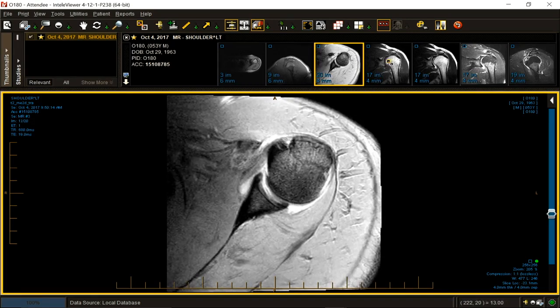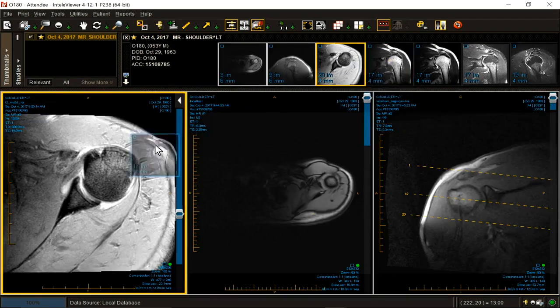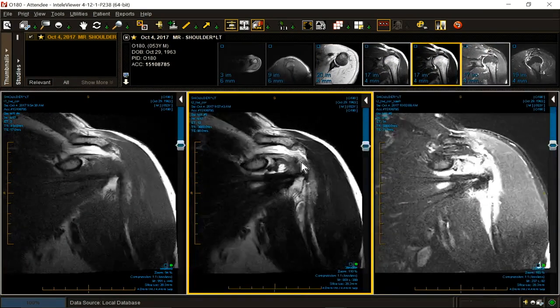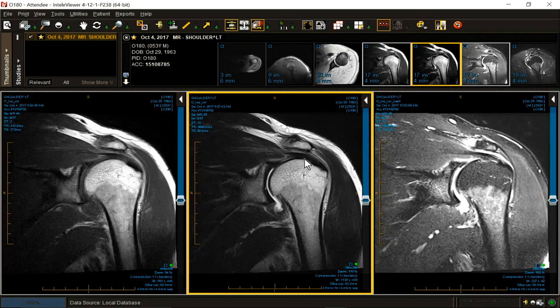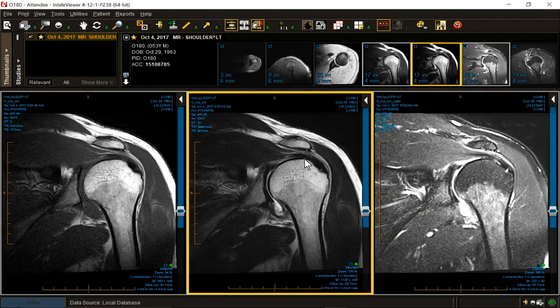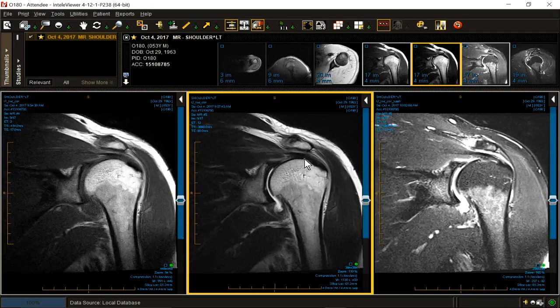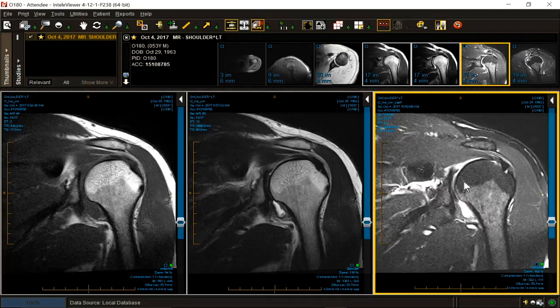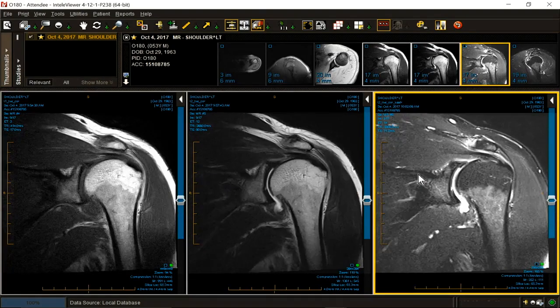Let's pull up the long axis. The head is slightly decentered superiorly, and the shoulder is diffusely inflamed.